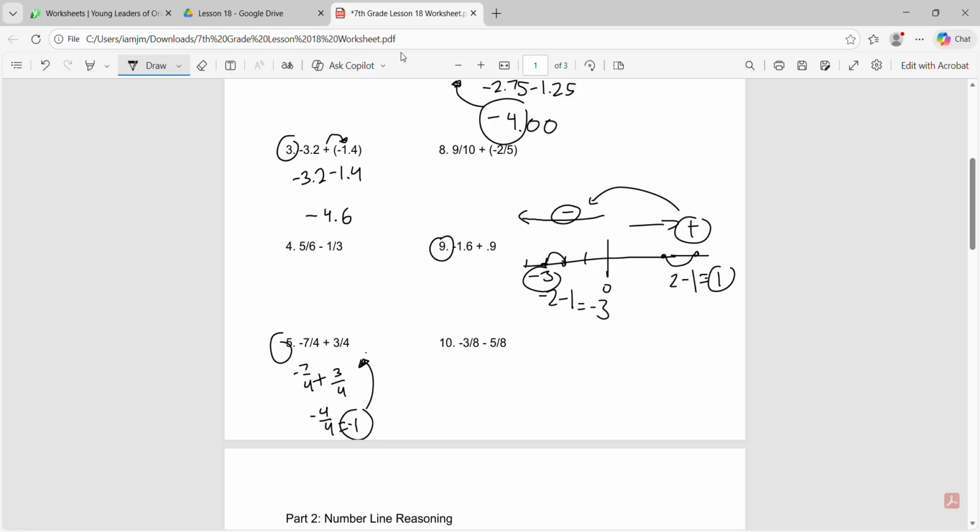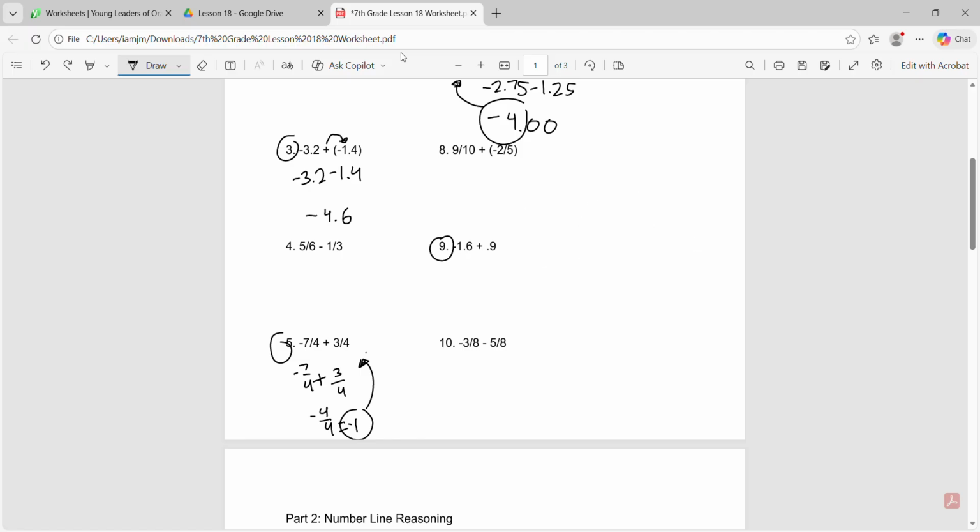The number itself looks like it's increasing, but it's not, because on the negative line, the bigger the negative number is, the smaller the value is.